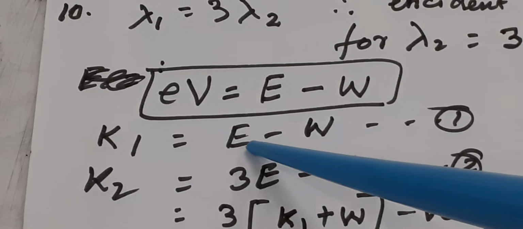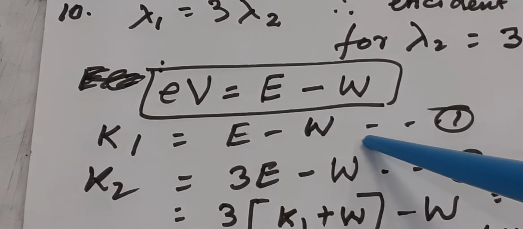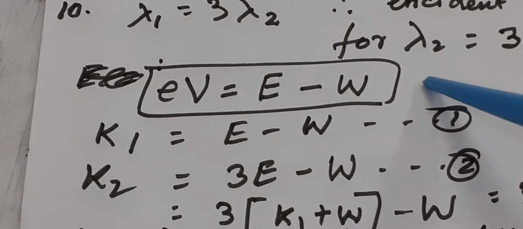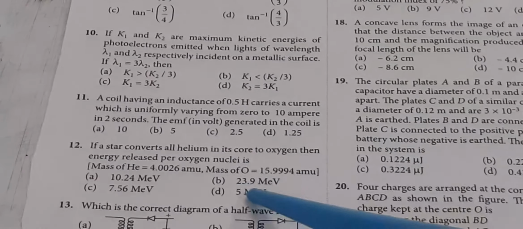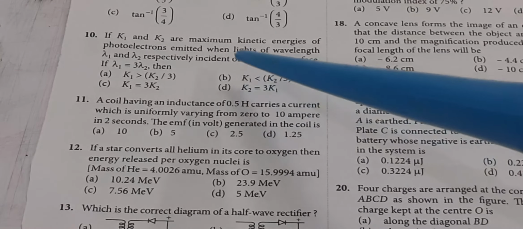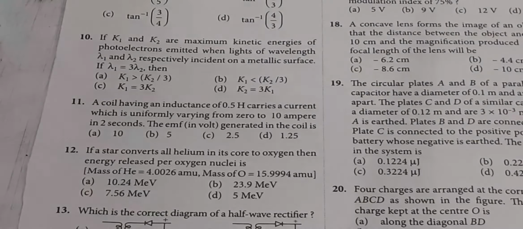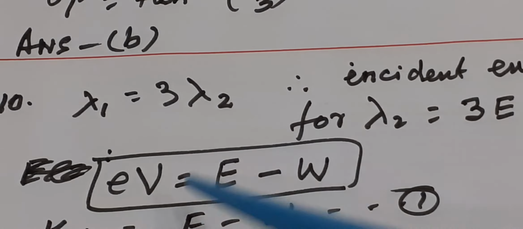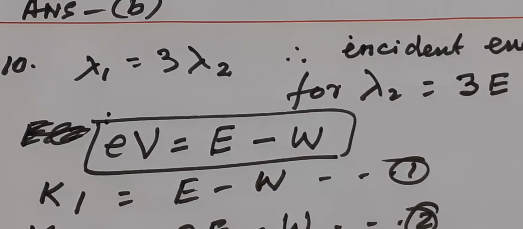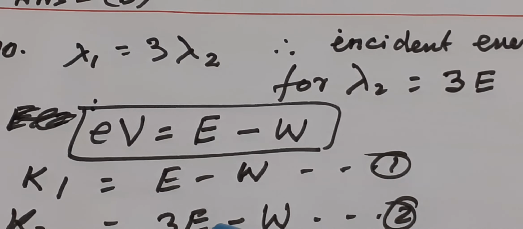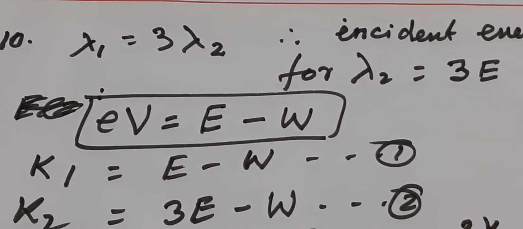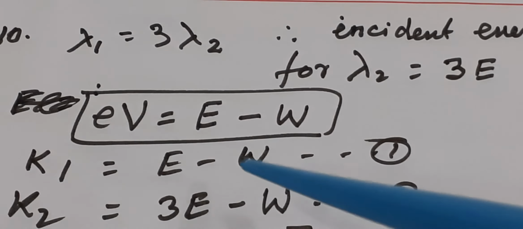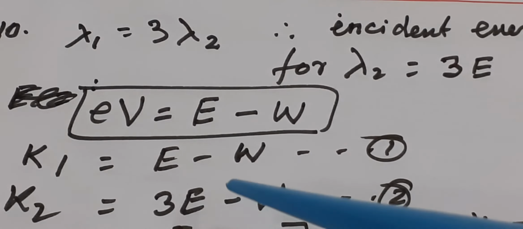Maximum kinetic energy equals incident energy minus work function, because it is the same photoelectric substance, a particular metallic surface we are talking about. That gives us K1 equal to E minus W for the lambda 1 wavelength, and K2 equal to 3 times E minus W. W will be the same because the same material is there, the work function is the same.